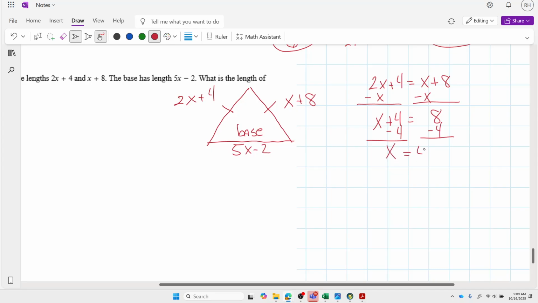So x equals 4 again. They're asking for the length of the base. All right, so the base is equal to 5 times 4 minus 2. And that is 20 minus 2, which is 18.